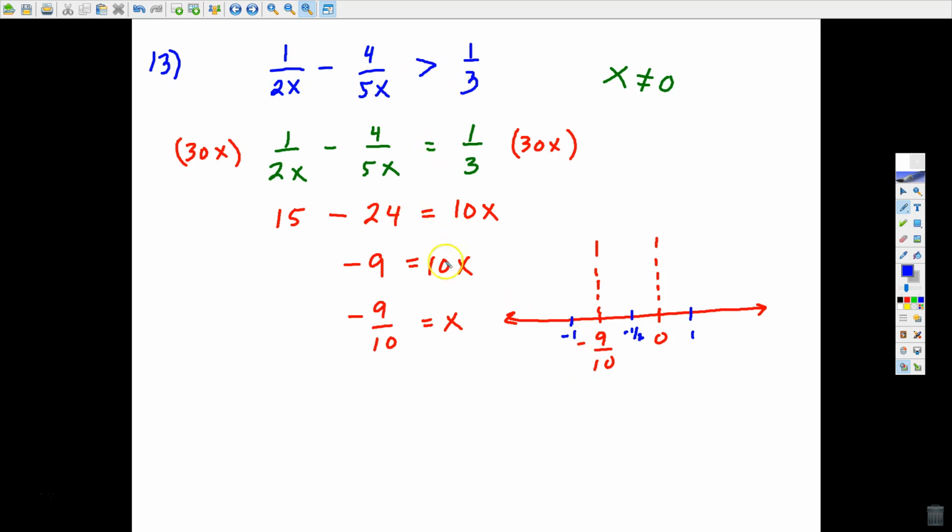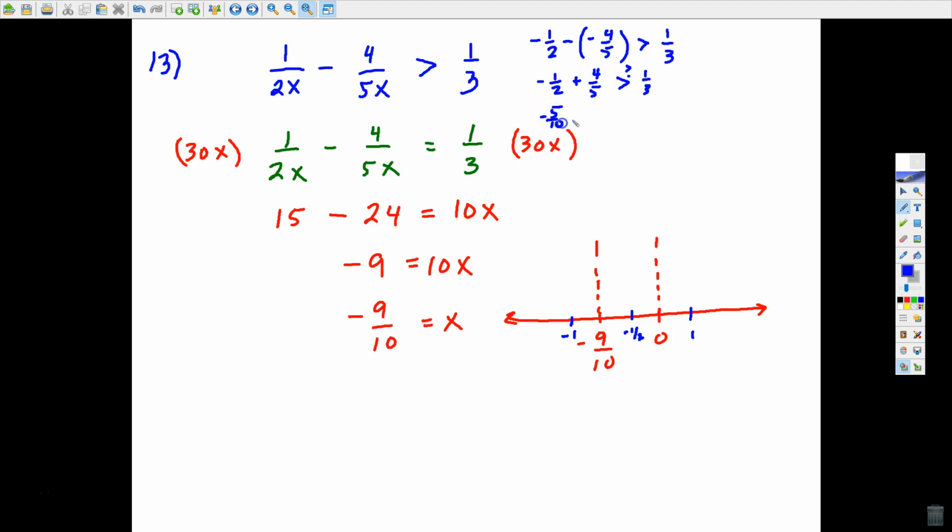and see if these numbers make this true or false. So when we plug negative 1 in, we get negative 1/2 minus negative 4/5. Is that greater than positive 1/3? And let me erase my x can't be 0 here. So negative 1/2 plus 4/5. We want to know if that's greater than 1/3. And if we change to a common denominator, this would be in tenths.